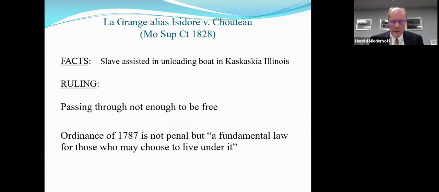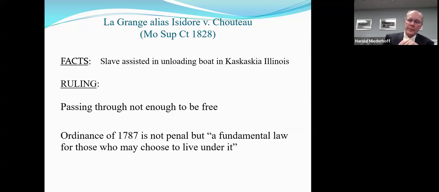Now, the cases as they go along have some distinctions made. This next case from 1828, LaGrange Isadora versus Chateau, was a case where the owner had a flatboat, I believe, and was coming up the river and unloaded cargo on the Illinois side and had the slave assist.